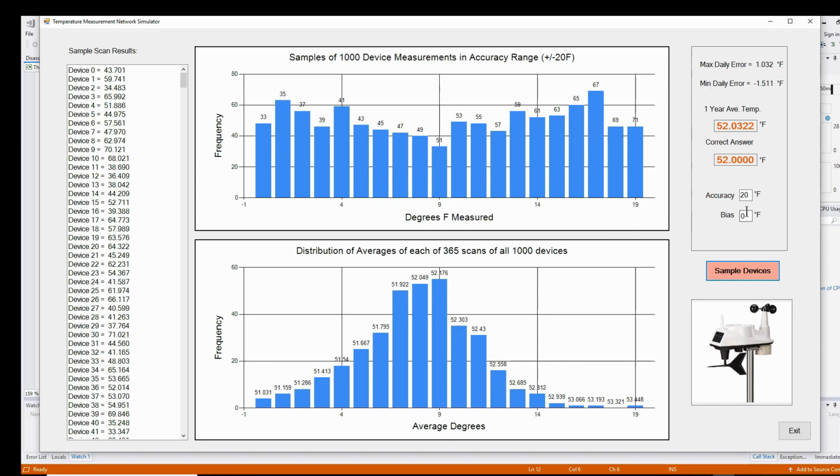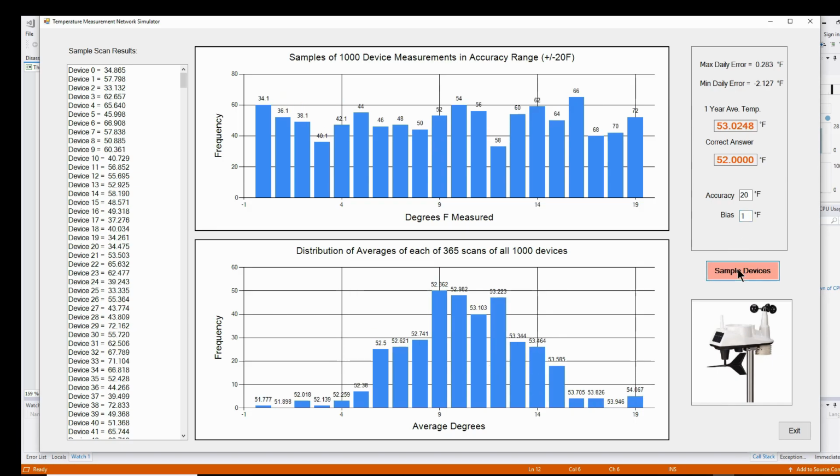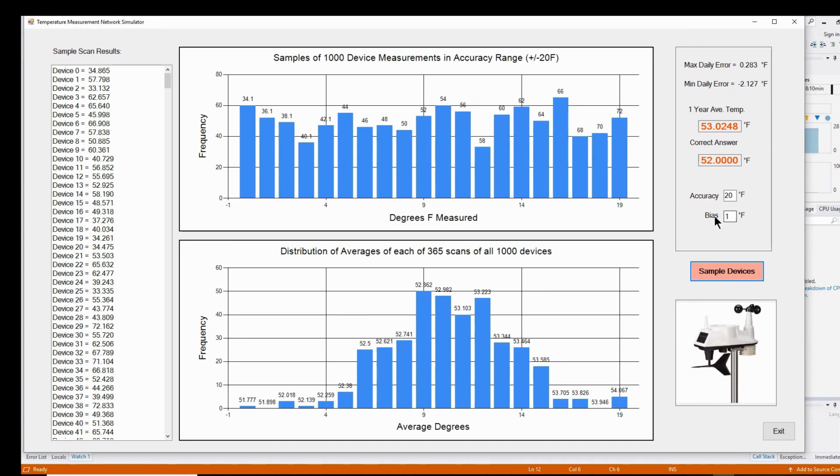Now, what I can also do is put in a bias, which means, let's say each device is biased to read 1 degree high, and you can see now it doesn't work anymore. Now I'm biased, 52 versus 53, and my numbers are reading high because there's a bias in the reading. So the question is, how much bias is in the devices?